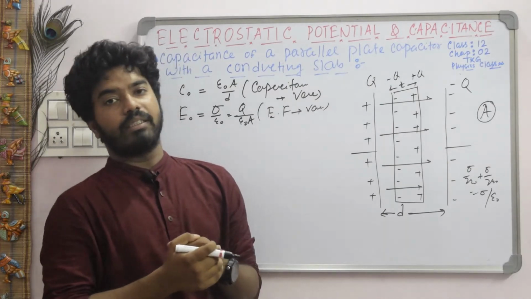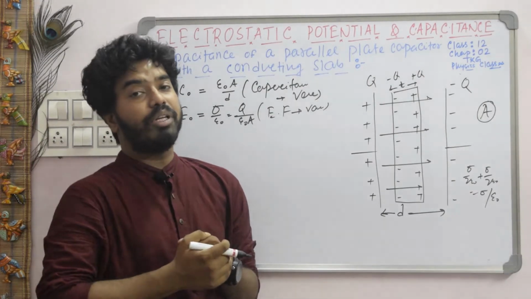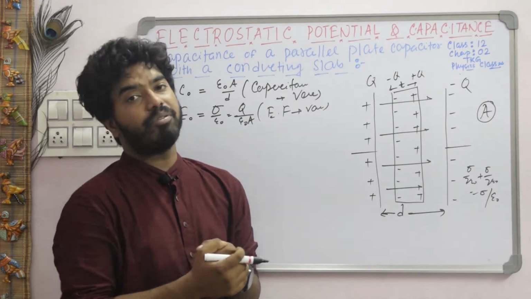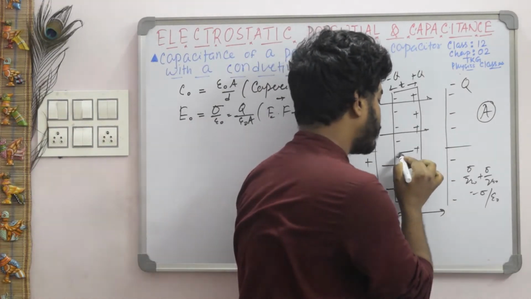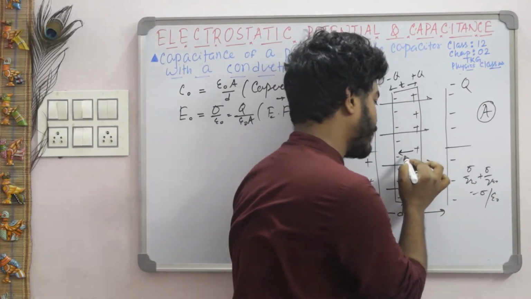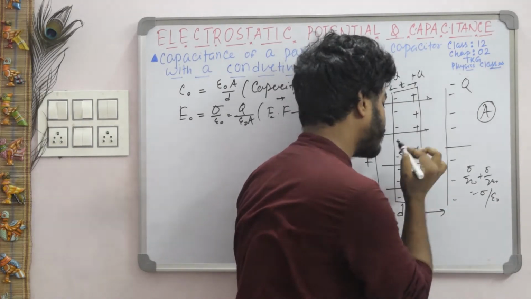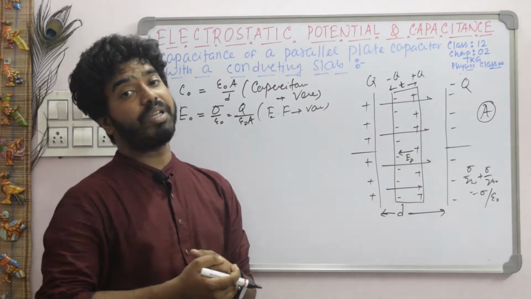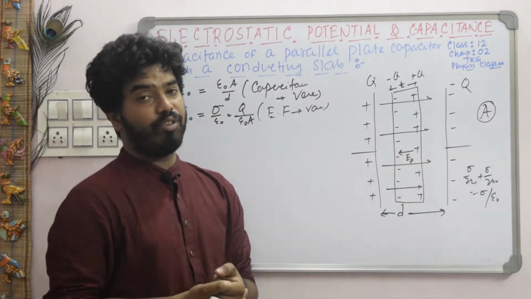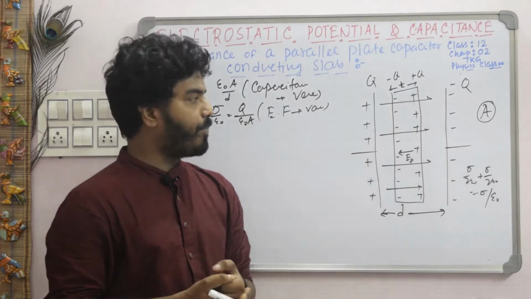So here, due to induction of charge, due to induced charge, due to polarization, an electric field is developed which is directed positive to negative, and this electric field is represented by EP, the electric field due to polarization, or you can call it the electric field due to induced charge, EI. Okay.